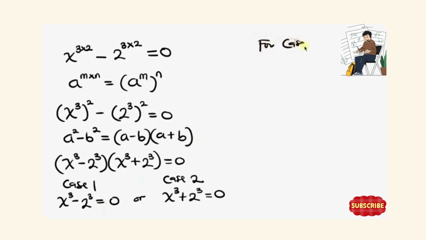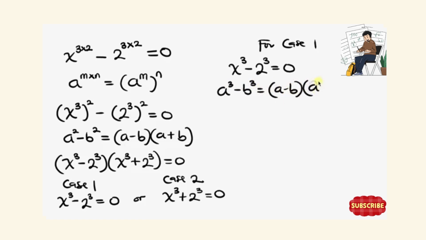So for case 1, we have x cubed minus 2 cubed to be equal to 0. You know, actually, this is difference of 2 cubes. And for difference of 2 cubes, when I have, for example, a cubed minus b cubed, this is equal to a minus b times a squared plus ab plus b squared.